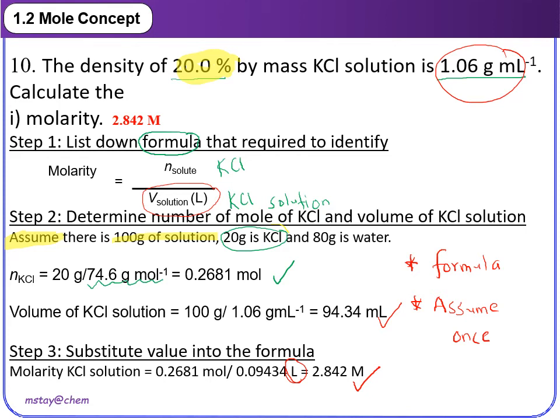Next, always keep the answer in 4 decimal places, except for the final answer. So you see here I keep 4 decimal places. Here I also have 4 significant figures.